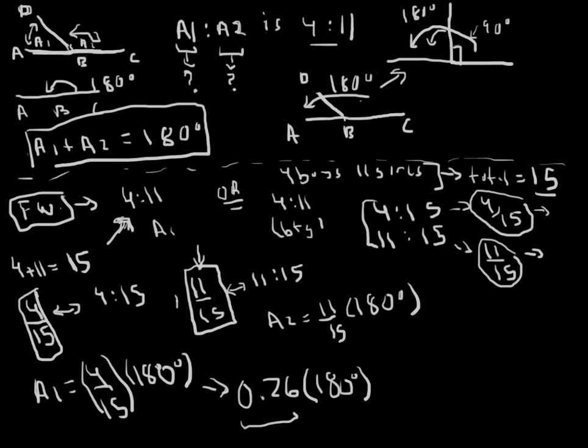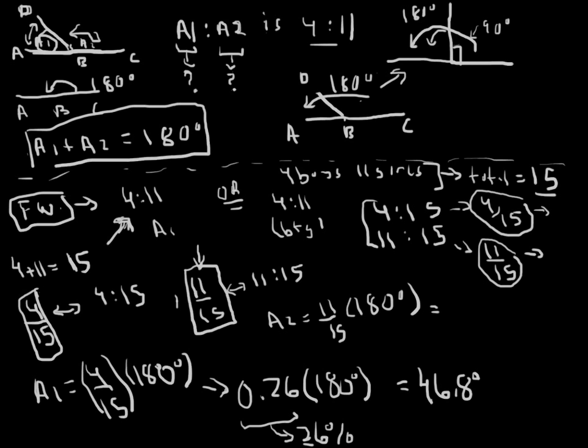So out of 180 degrees, 26% is this A1 right here. So we go ahead and multiply it. What's 26% of 180? That is 46.8 degrees.